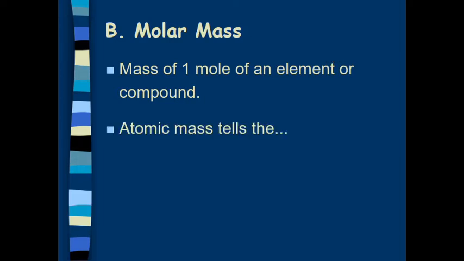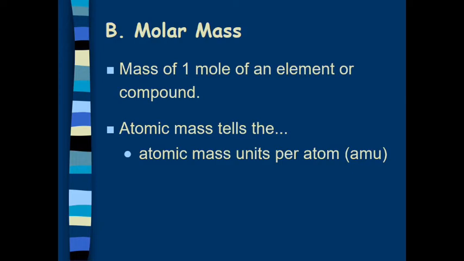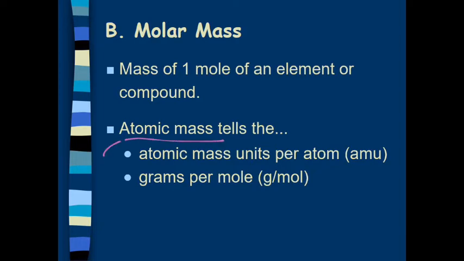So now we're introducing you to another phrase, which is atomic mass. Atomic mass is going to tell you on the individual atom scale how many atomic mass units you have per atom. So that is the mass per individual atom. It's measured in AMUs, which is atomic mass units.